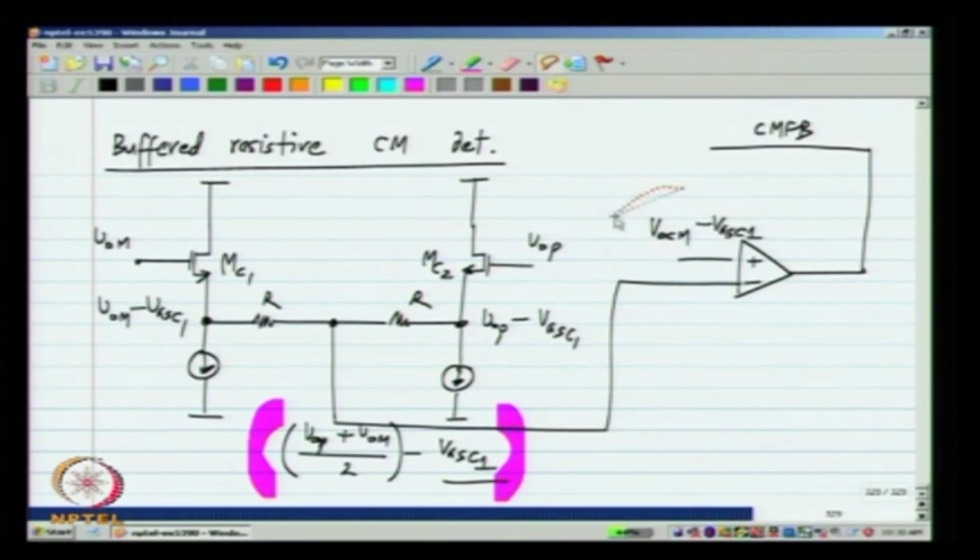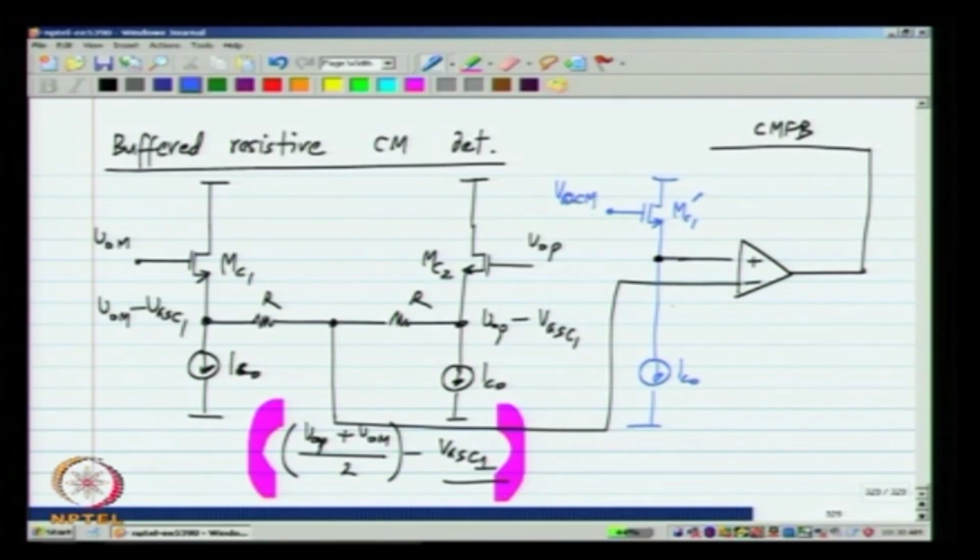in this expression? That is again very easy. I use a replica of this particular circuit. I will write that here maybe in a different color just to make that clear. So, let me call this MC1 prime and use the same current, let me call this IC0, these are also IC0. And I connect it up there, and the gate of this is connected to VOCM.